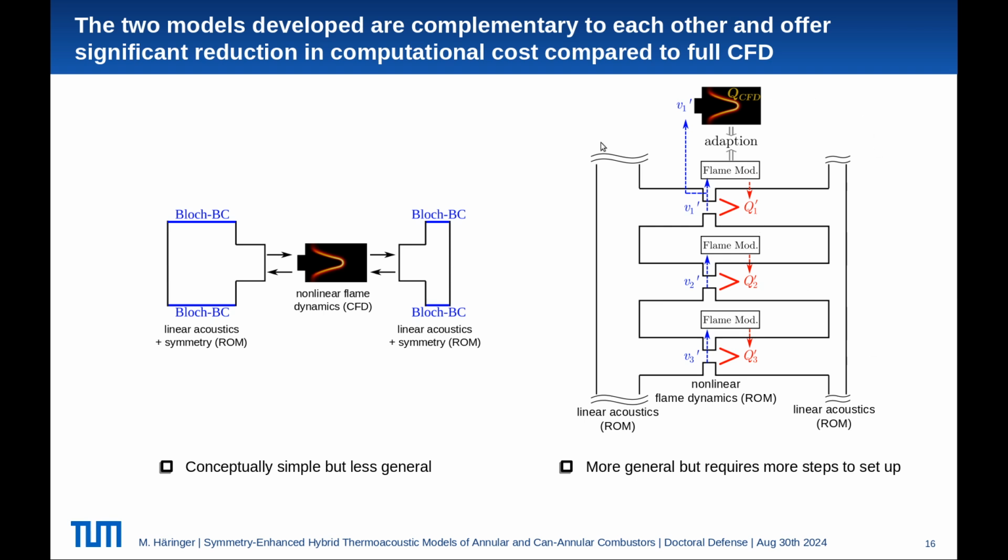The second one, the ROLEX model, is more general because it doesn't rely on this symmetry as the Bloch model does, but it requires more steps to set up, and most notably, it requires this linear identification step of the flame transfer function. However, keep in mind, this is orders of magnitude less costly than identifying a general nonlinear flame model.